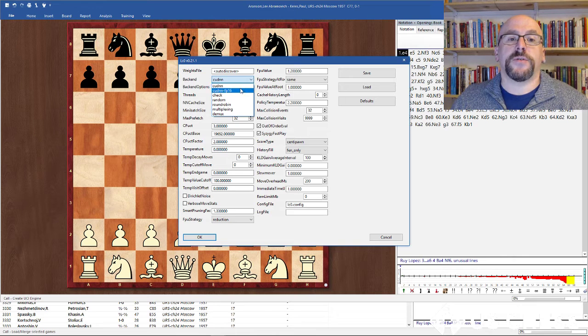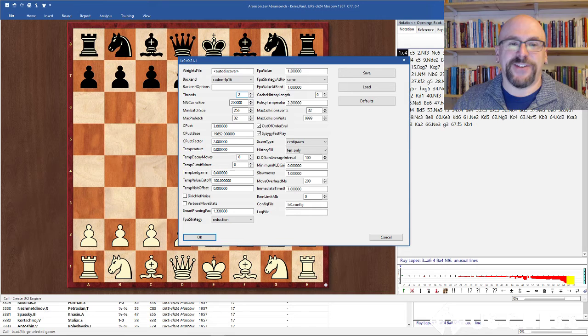The CUDNN is good for pretty much any NVIDIA card, I do believe, but the CUDNN-FP16, that's really the one you want if you have one of these new NVIDIA RTX cards. Threads, that's the number of CPUs that Leela Chess will use to feed it game continuations and help it work. There is no reason to have more than 1 or 2.